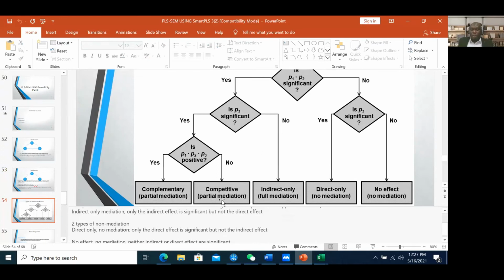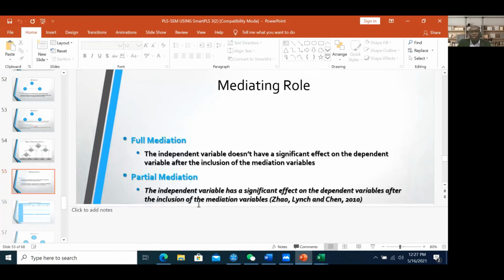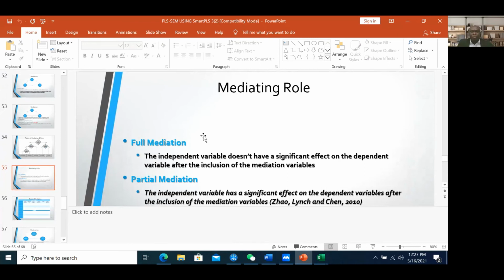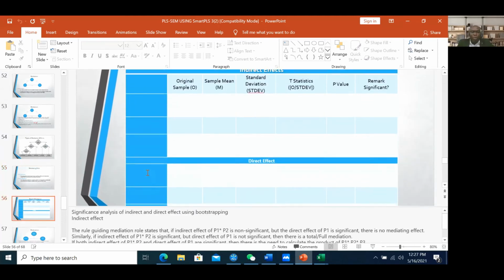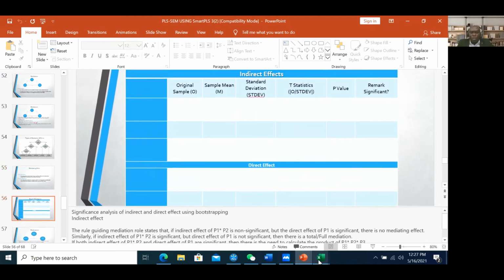The three of them are broken down into sections: complementary partial mediation, competitive partial mediation, indirect only full mediation, direct only no effect, and all those things. So this is basically an explanation of mediation.